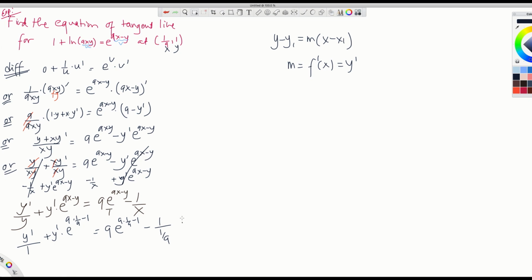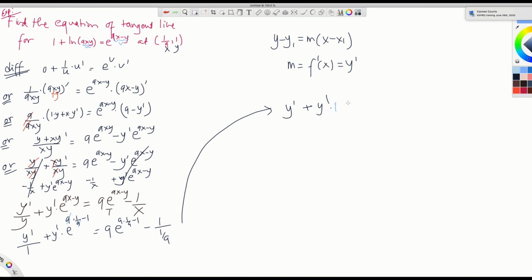So I just plug in x and y values there. So what is next is, let's simplify that. Y prime over y, 1 is y prime plus y prime times, well, how much is that? E to the, so 9 and 9 divided is 1, right? So 1 minus 1 is 0. E to the 0 is basically 1. So that value is basically 1.